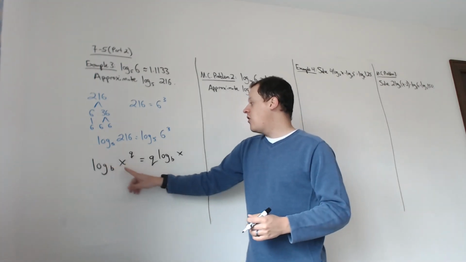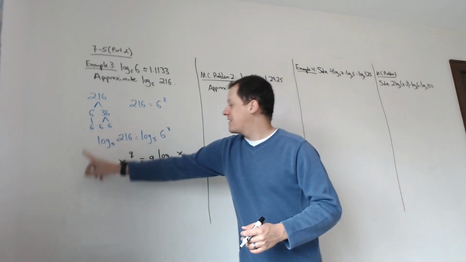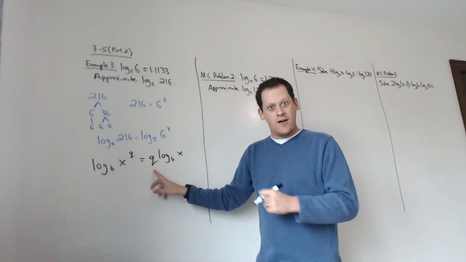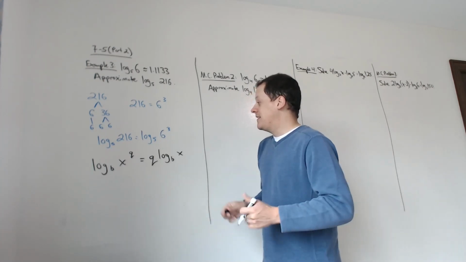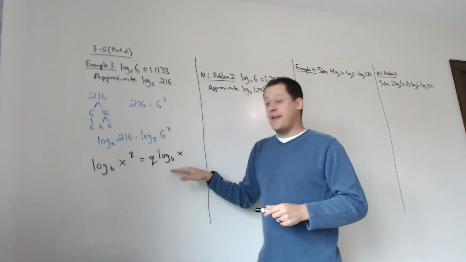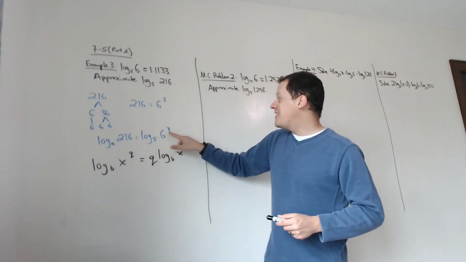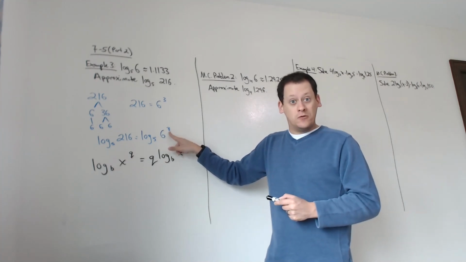So if you're taking the log of something to a power, you can take that exponent and move it right out front of the log. It's awesome. Okay? And this is really going to come in handy right now, because what we have is this, and we want this exponent to move.